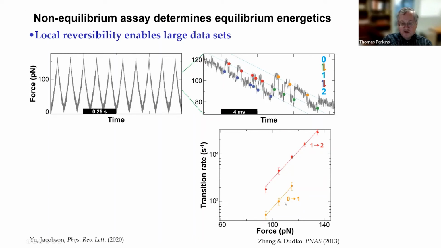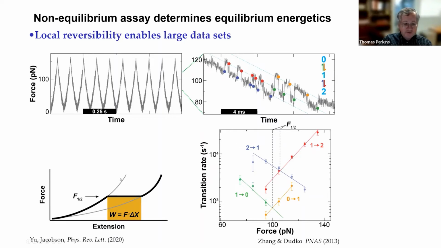And one can measure the unfolding rate as a function of force and the refolding rate as a function of force. And for any given transition, you can determine the F1/2. This is the force at which you would equally populate the 2 states that you're looking at. Conceptually, what you can do then is calculate the work that you do in going between these 2 states, but you have to use some correction factors to get the actual true underlying change in free energy.